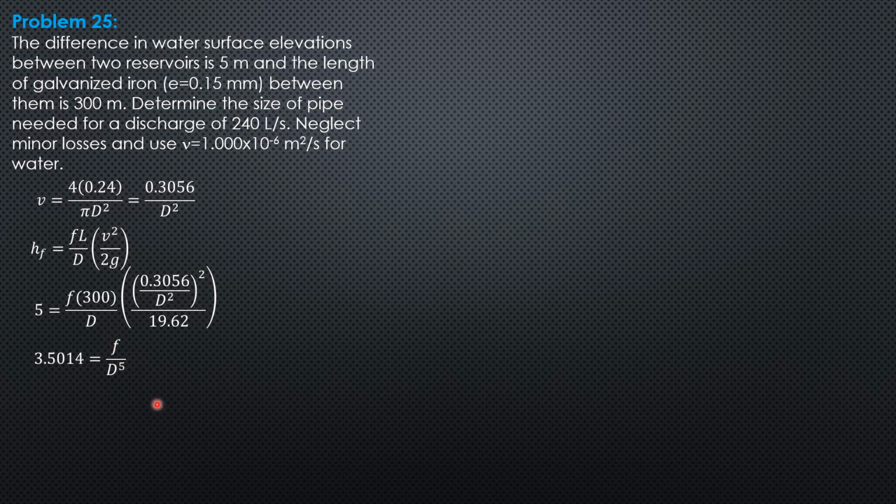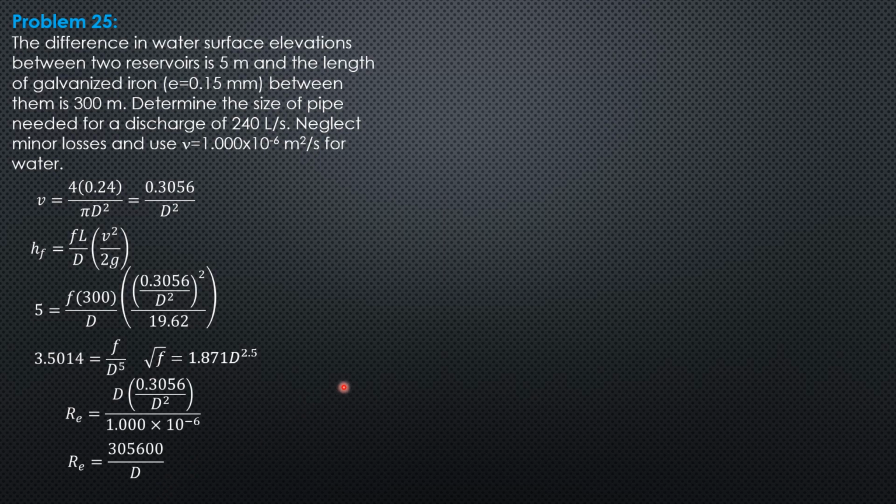Extracting the square root, the square root of f is 1.871 d to the 2.5. Then the Reynolds number is diameter times mean velocity, 0.3056 over d square, over kinematic viscosity 1.00 times 10 to the negative 6. So Reynolds number is 305,600 over d.